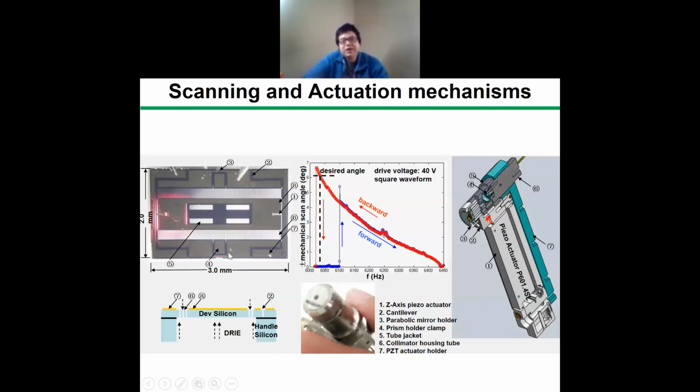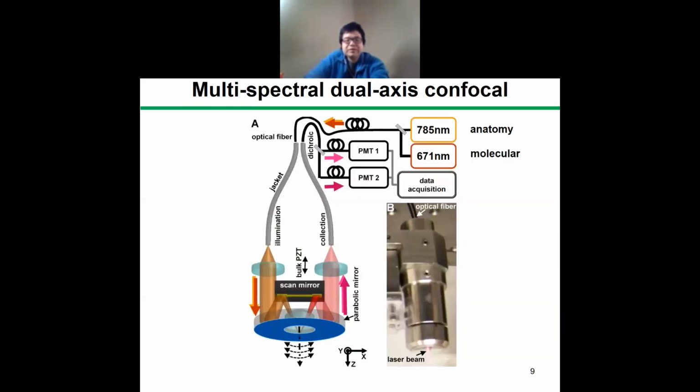This scanning uses an implant, electrostatic comb drive, to achieve a larger field of view and tilting fast, at like 3 to 4 kilohertz. And the system is integrated into a handheld system to demonstrate the proof-of-concept performance.